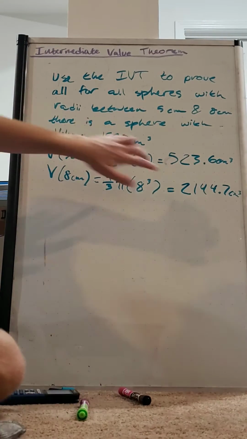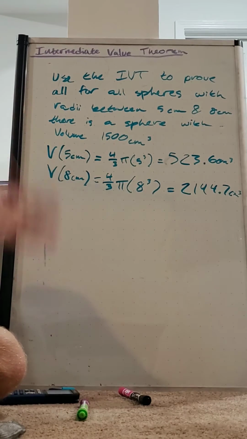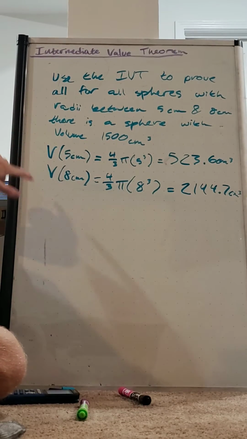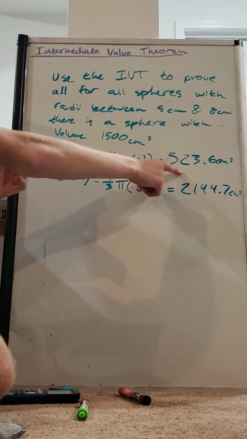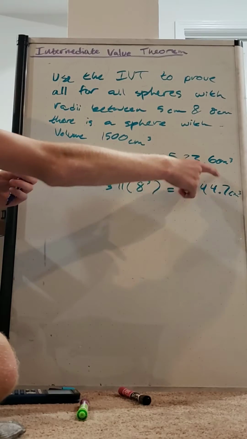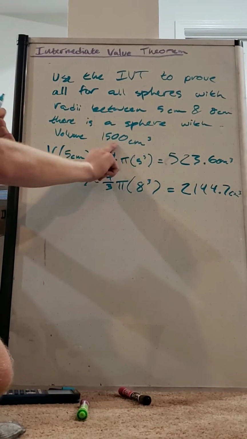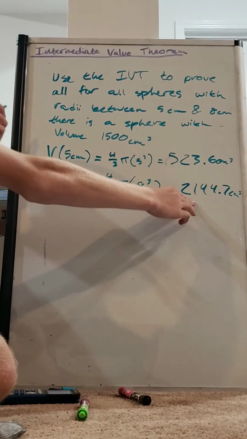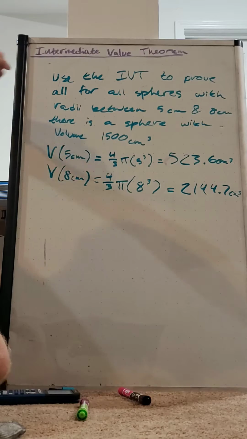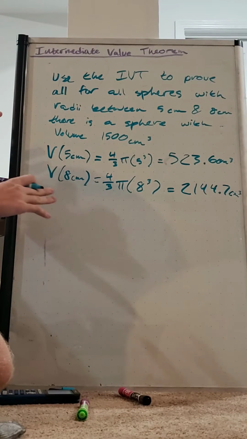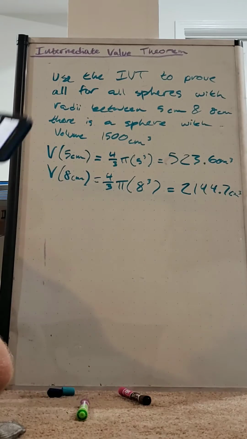So if we look at these numbers, that means for spheres with a radius between 5 and 8 centimeters, there's going to be a sphere with a volume of every point in between these. And since this asks for 1500, and that's between 523 and 2100, we know that there's a sphere with radius somewhere between 5 and 8 centimeters that makes the volume of that sphere equal to 1500.